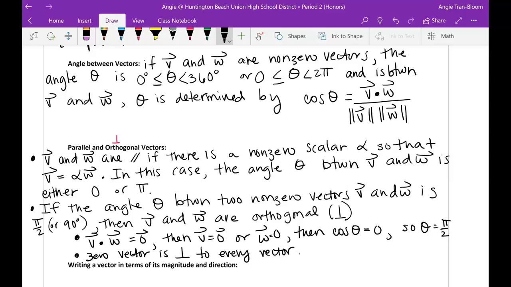So just to recap really quickly, two vectors are parallel if the angle between them is 0 or pi. Two vectors are perpendicular or orthogonal if the angle between them is pi over 2, or in this case 90 degrees. Okay. Now, if the dot product of the two of them equals 0, then that means those two are definitely orthogonal to one another.